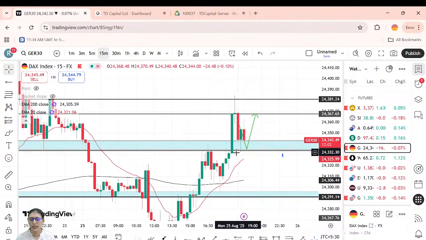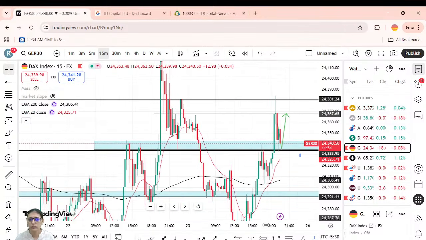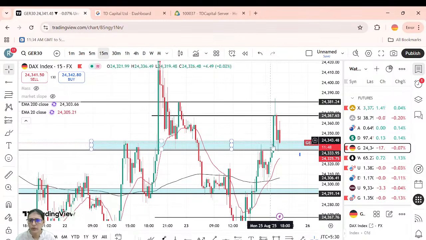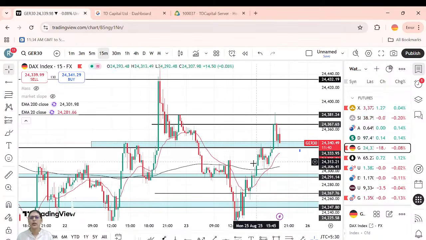It actually did give an entry in this zone, and it again went up also. Now it becomes risky to make an entry here, a little risky because after the retest, a move has already come till here.